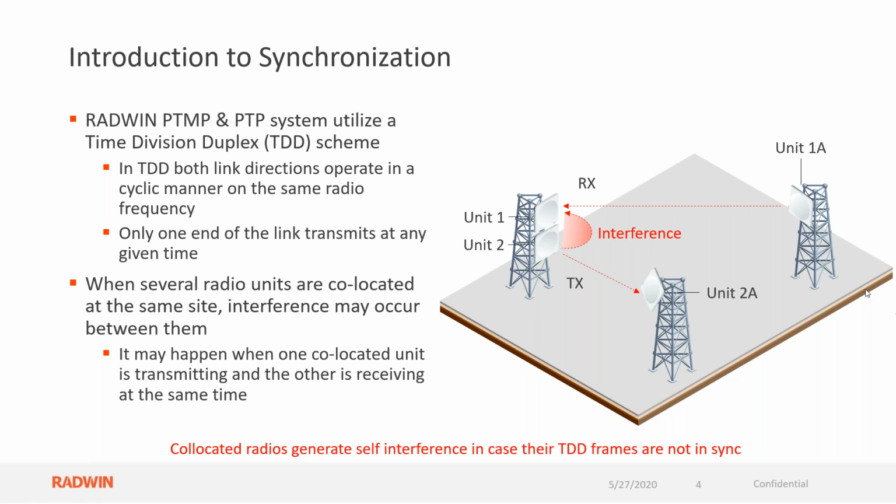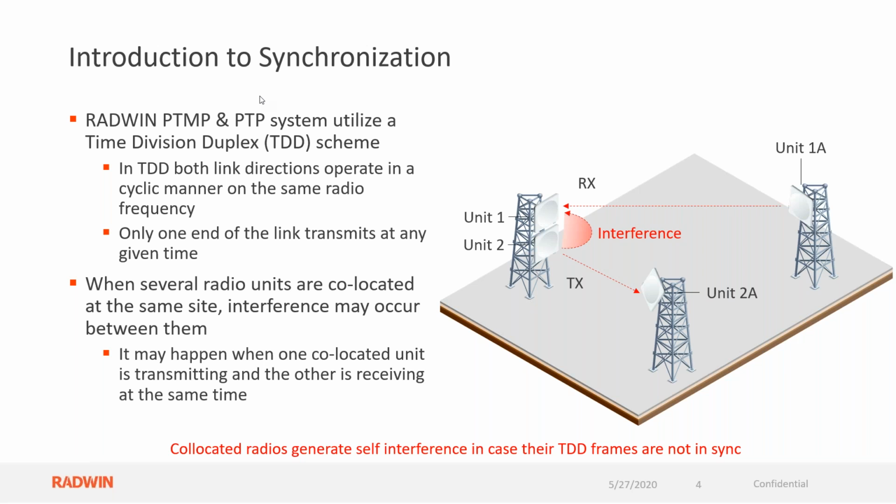If we look at the diagram and the photo on the right, you can see there are units on the towers, some of which can transmit and some of which can receive. This is the case where we can expect interference on the tower, because if someone is receiving and someone is transmitting, we can expect interference. Collocated radios generate self-interference if the TDD frames are not synchronized.